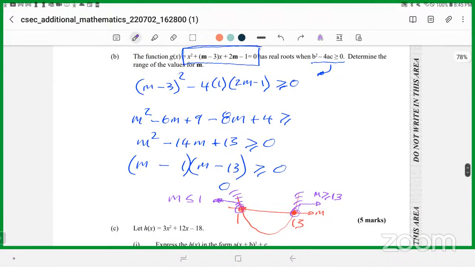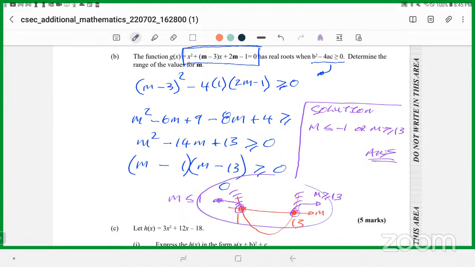So if we were to write the solution up here in this box, it will be m less than or equal to -1 or m greater than or equal to 13. And that will be our answer right there, based on this sketch. Did you get that? Yes, sir.